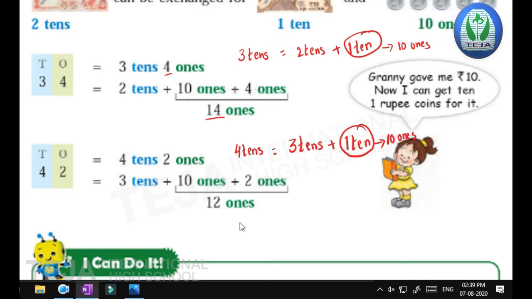So we can write this as 3 tens plus 10 ones. Now 4 tens equal to 3 tens plus 10 ones. Already here 2 is there in the ones place. If we add 2 to 10 ones, then how many ones are there here? 12 ones are there. 42 equal to 3 tens plus 12 ones.